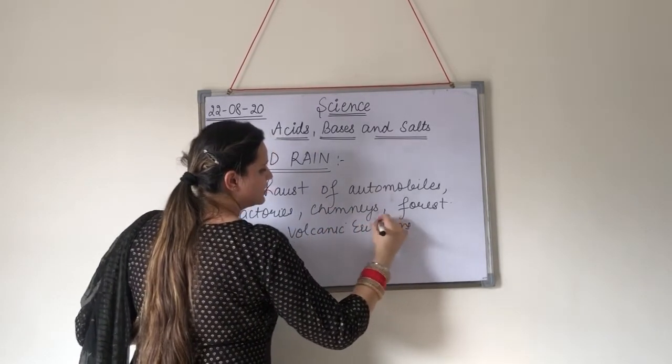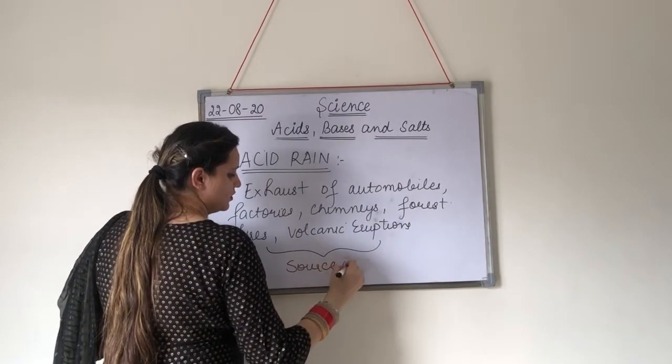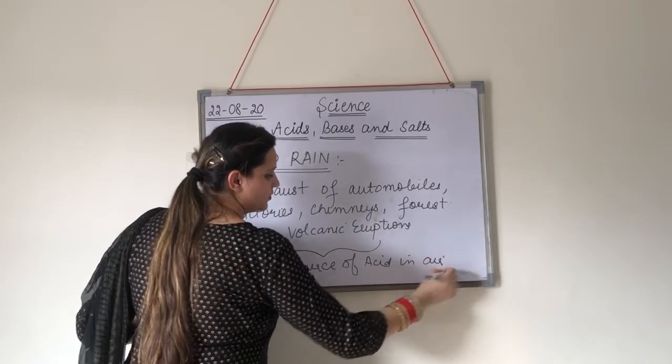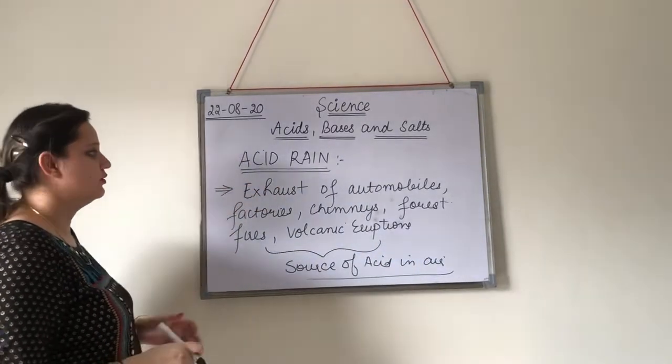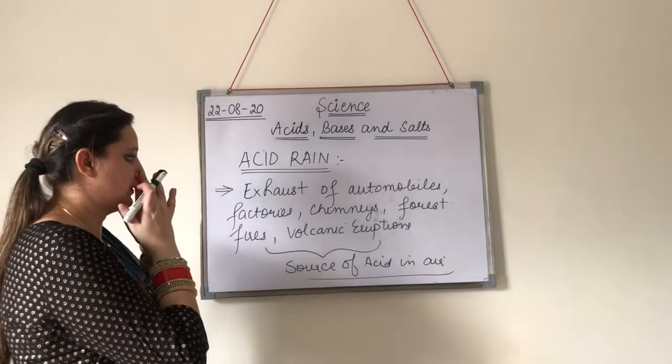So all these things are sources of generation of acid in air, right? So from these activities the acid gets collected in the air, right?